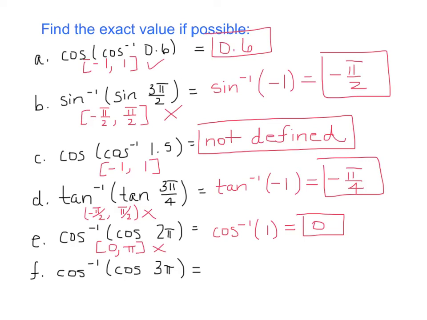Okay, this one, same thing. The angle has to be between 0 and pi, which this one's not, so we can't use our special property. So we have to find cosine of 3 pi.